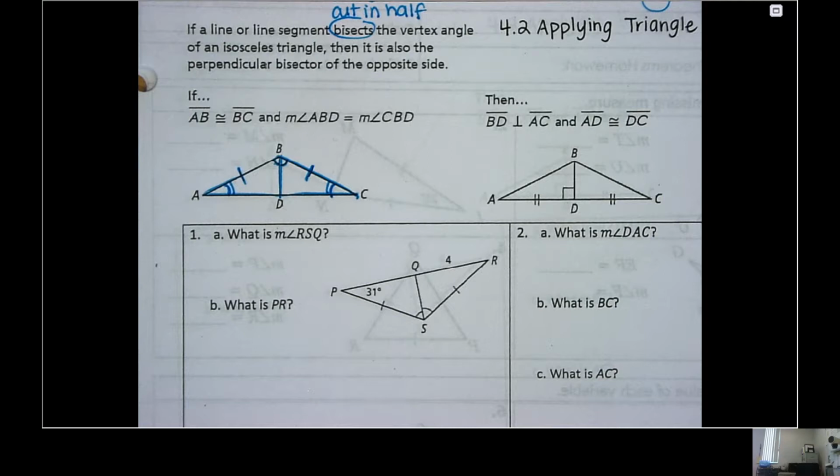These two angles are the same. These two sides are the same. These two sides are the same. This side is the same. So it's one big triangle that's been cut in half to two small triangles that are exactly the same when I flip them over. Okay? And so everything about it is the same. The only other important thing is when you bisect and you cut in half, you create 90-degree angles. So you're going to be creating some right triangles as you go through.